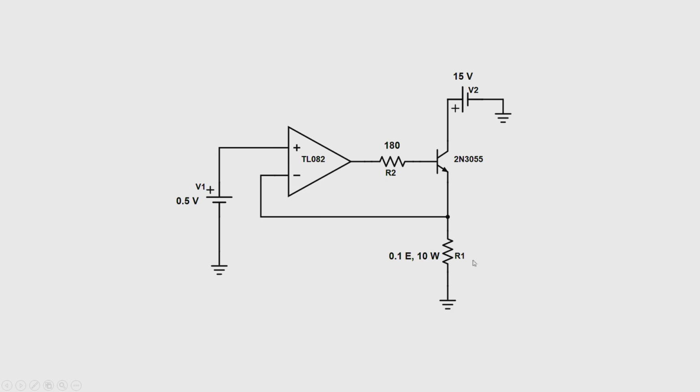Since R1 is known to us, a 0.1 ohm 10 watt resistor, and the voltage connected is 0.5 volts, the current flowing through the emitter of this transistor would be 0.5 divided by 0.1, which is 5 amps.